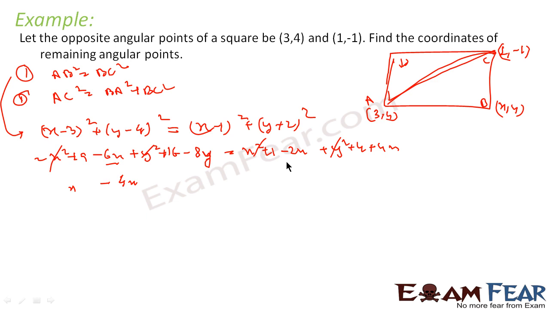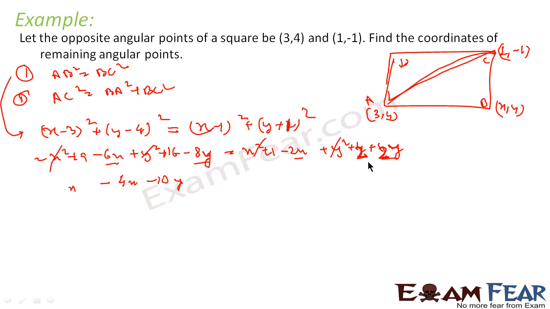Then for y, minus 8y minus 2y, that is minus 10y.